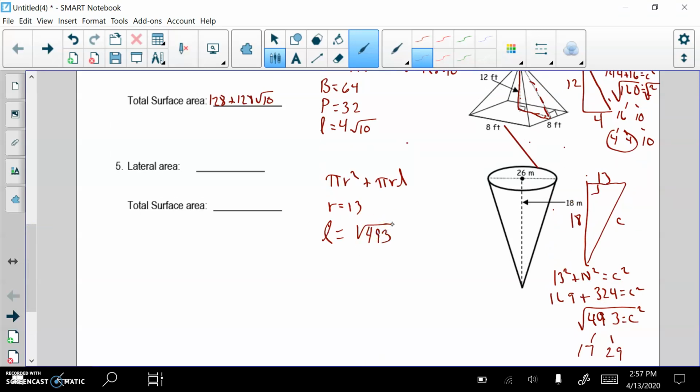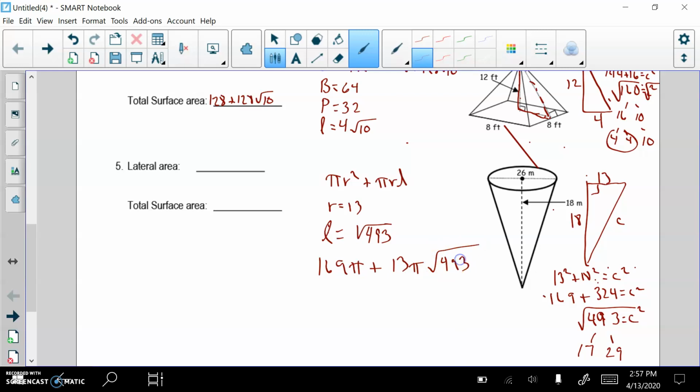So we're ready for our equation. Pi r squared, that is 169 pi plus pi times r times L. Well, pi times r times L, this is how you would write that, because it's 13 times square root of 493 times pi. When you write that, you're going to do 13 pi square root of 493.